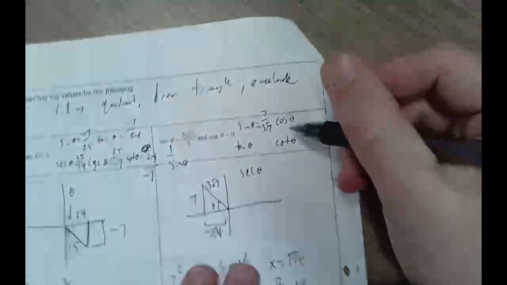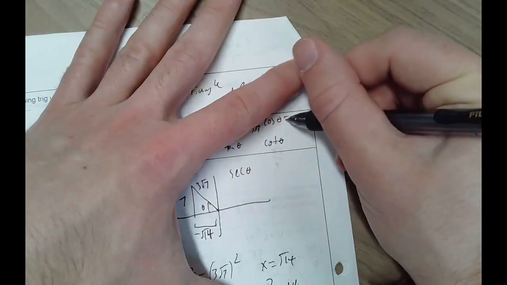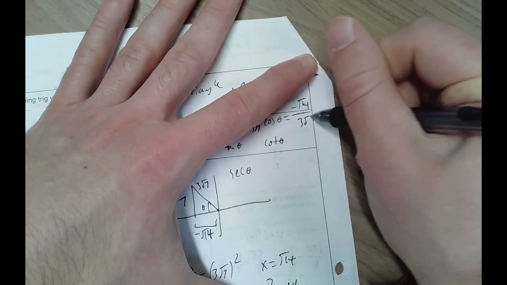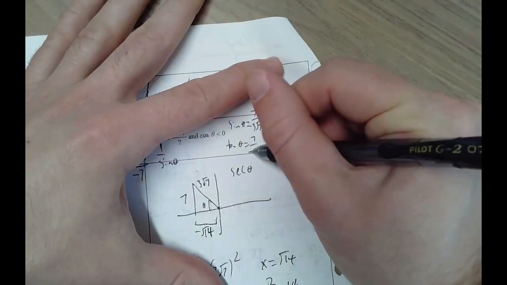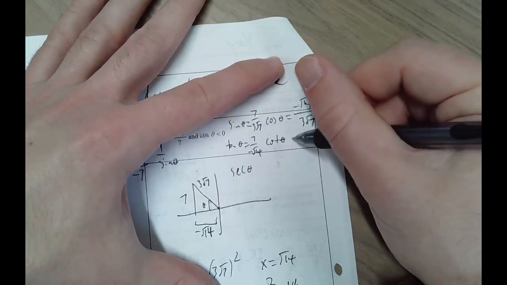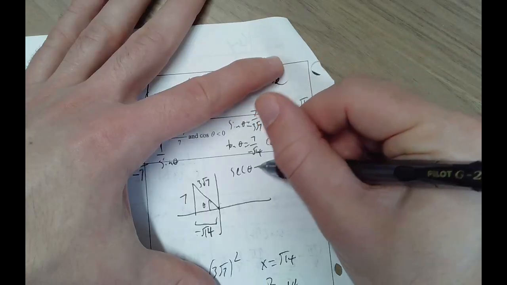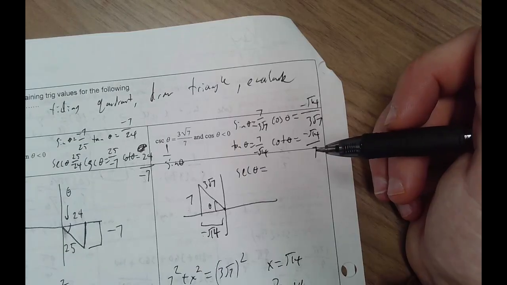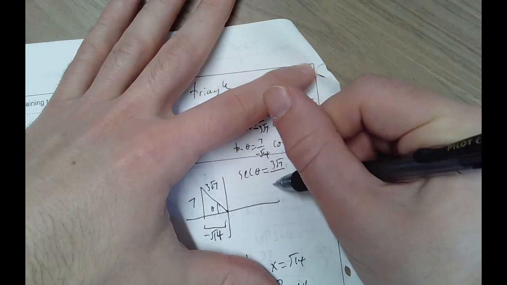I'll leave it without rationalizing it, and then I'll come back. Cosine would be negative root 14 over 3 root 7. Tangent would be 7 over negative root 14. Cotangent would be negative root 14 over 7. And then secant would be 3 root 7 over negative root 14. Okay.